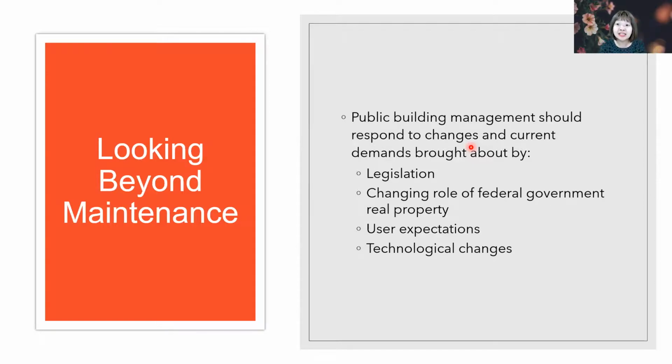Okay, so these are some things that we need to respond to. First we have to look into legislations. Adakah legislations kita is on time ataupun sesuai tak pada masa tu. Changing roles of the federal government real property. The user expectations, technological changes.